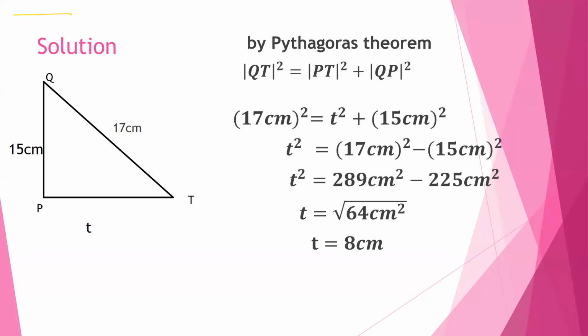Dear sister, please, from the beginning, she taught us that the formulas can be in two forms. QT squared can be equal to PT squared plus QP squared. And it is also the same as A squared is equal to T squared plus. So, madam, I think I'm right. All right.